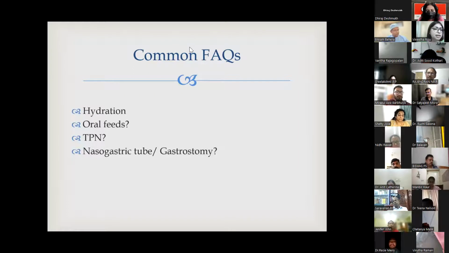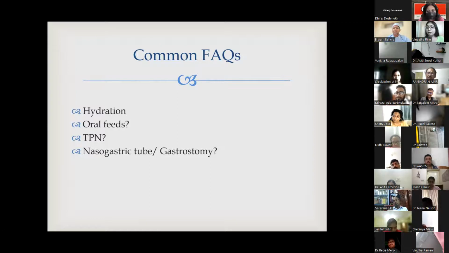Dr. Ravi was asking, can we add buprenorphine patch up front? Buprenorphine is going to take some time to act. I'm sure when you have used buprenorphine, the time of action for a buprenorphine patch to act on a buprenorphine naive patient is probably going to take you a day and a half sometimes.